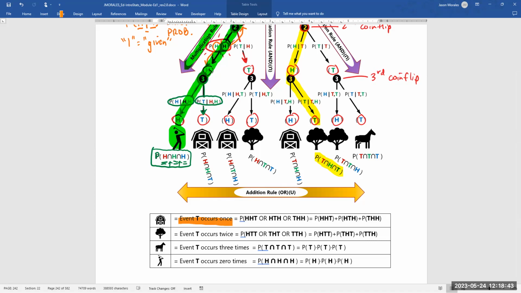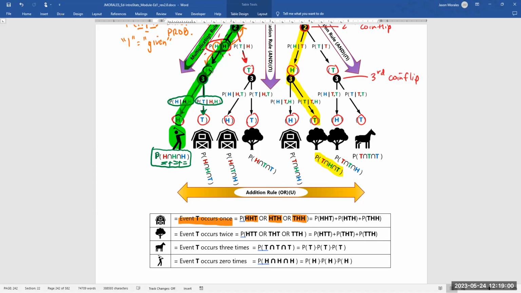So we could get one tail in 3 coin flips by getting 2 heads and then a tail, or getting heads first, tails in the second flip, and heads in the third flip, or tails in the first flip and heads in the second and third.